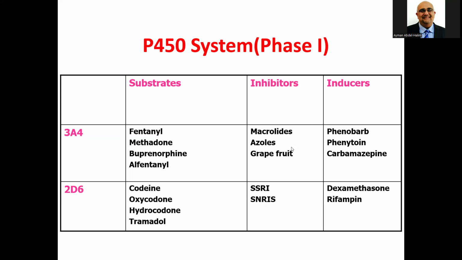So the key understanding for this is, let us say I gave you a macrolide, for example erythromycin, and I use a fentanyl patch. Basically, I will inhibit the metabolism of the fentanyl, which goes to inactive metabolites.